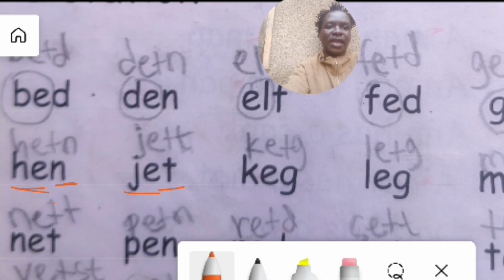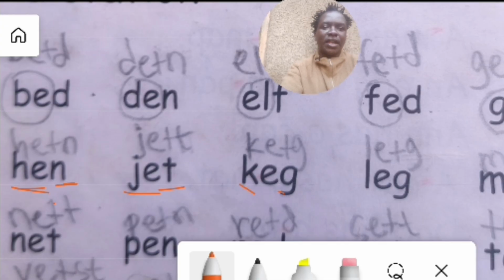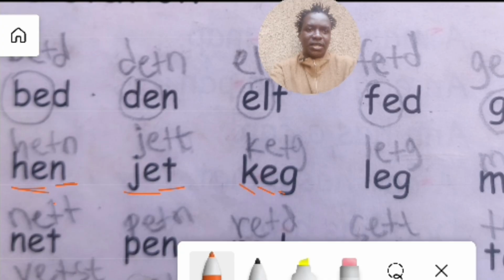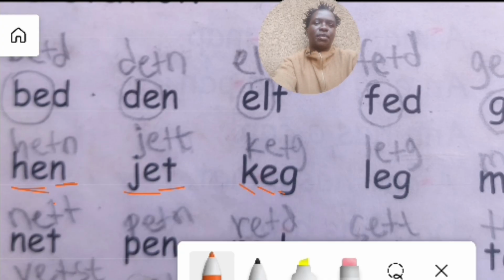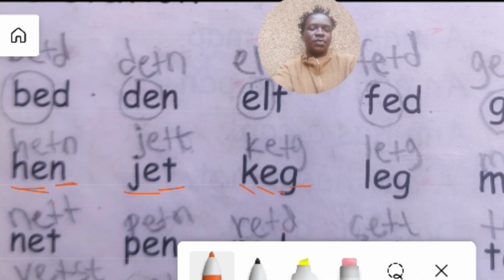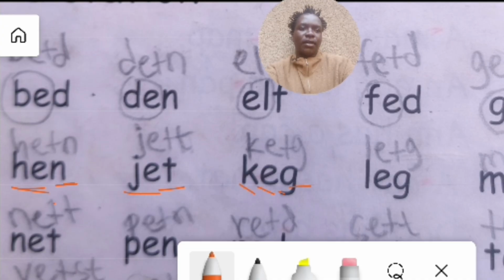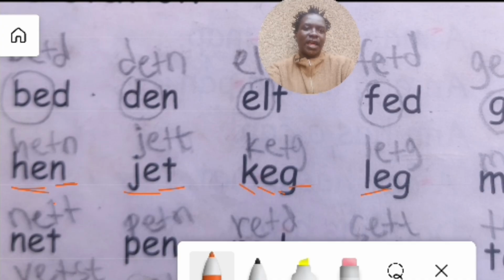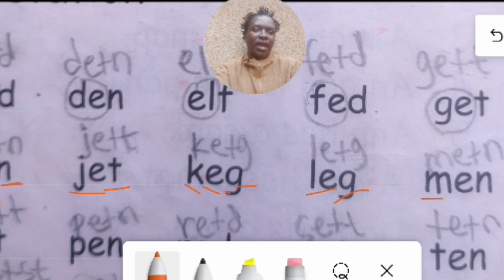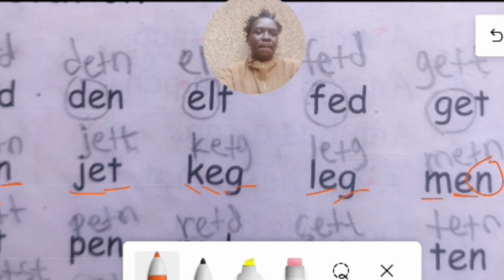We have K, A, okay, that is ke. K plus G, that is keg. And then L, A, that is le. Le plus G, leg. And then M, A, that is me. Me plus N, that is men.